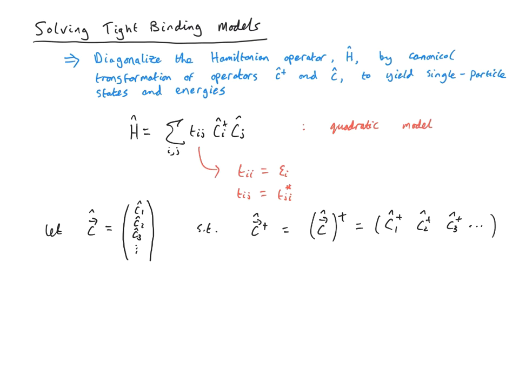Or you could think about these as matrices. This is like a row matrix, and the c vector is a column matrix. And so, having introduced vectors for the operators, we can write the Hamiltonian in a compact form. We can write it without the sum now, because we let the matrix algebra do the double sum for us.